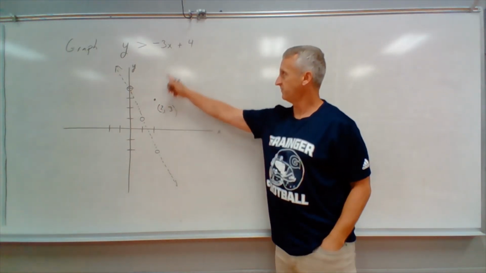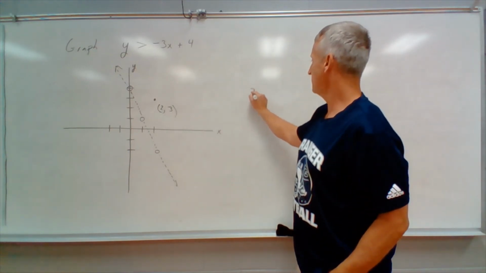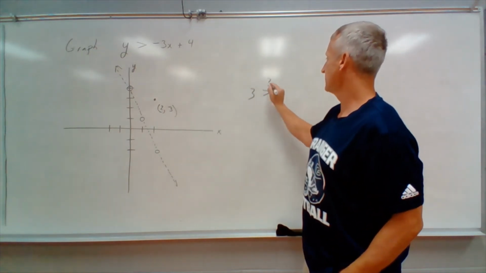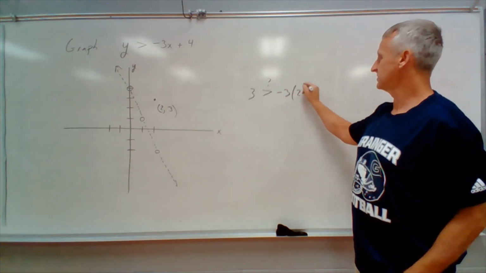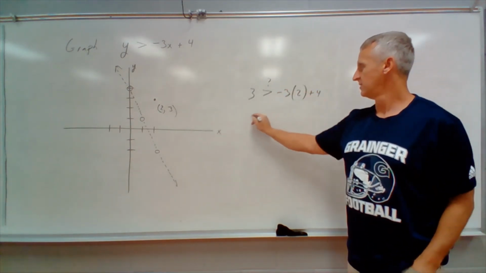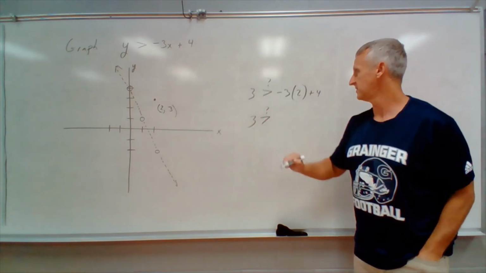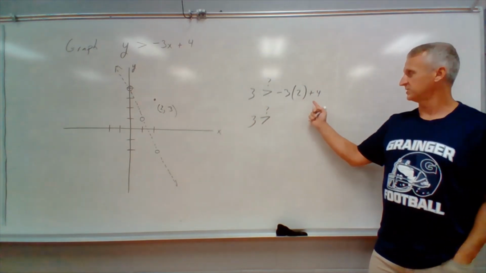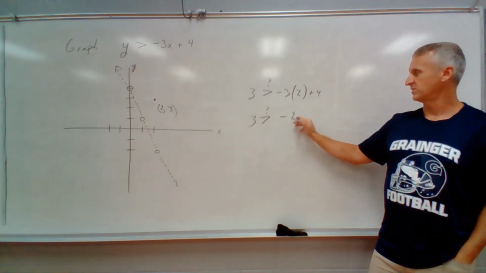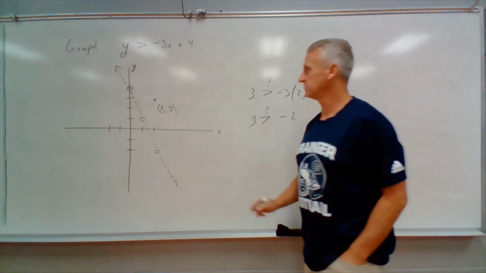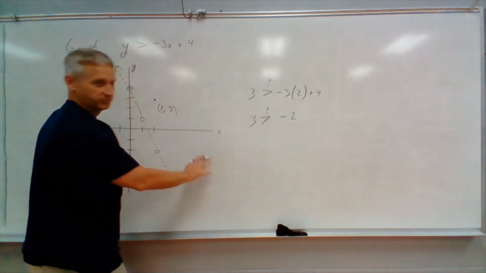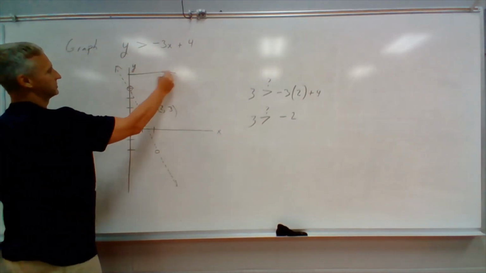If I put a 2 in for x and a 3 in for y, we get is 3 greater than -3 times 2 plus 4? That would be -6 plus 4, which is -2, and 3 really is greater than -2, so that's a solution. And any other point you pick on this side of the line will also be a solution.